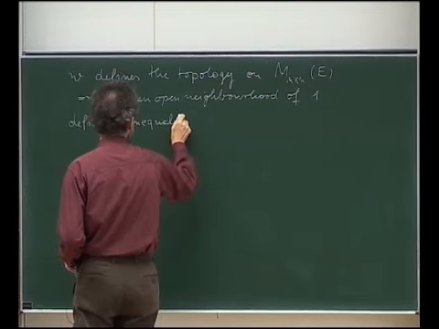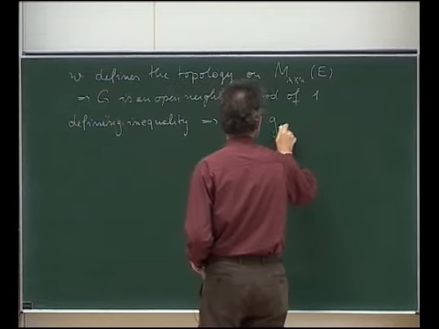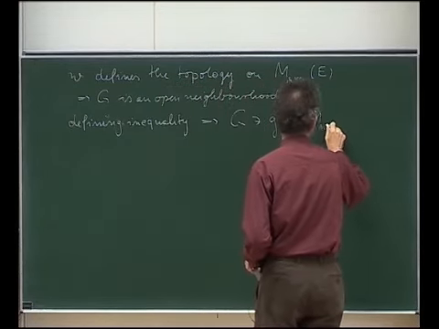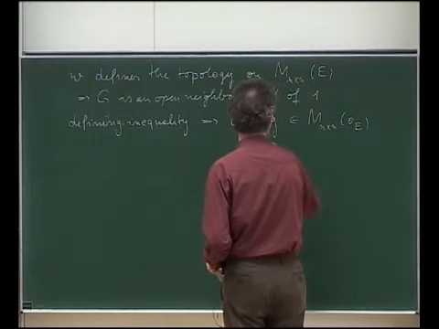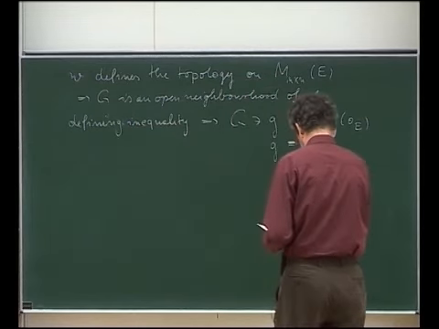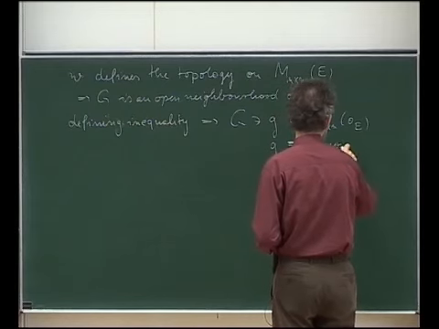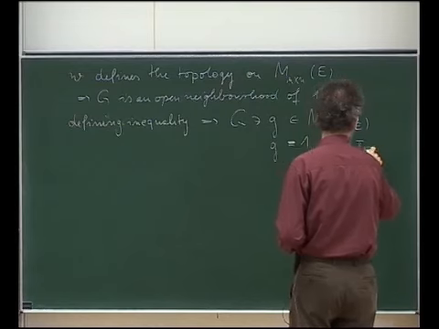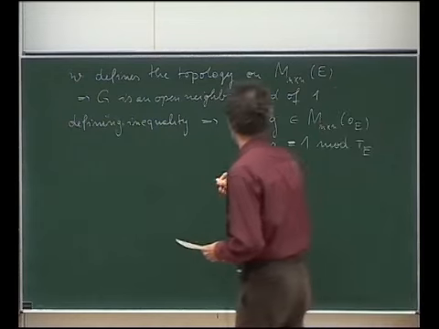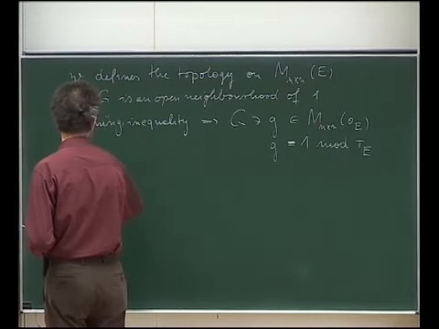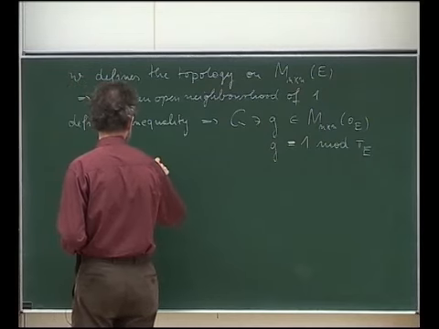So the defining inequality implies that if I have a g in G, then it's integral, and it's congruent 1 modulo pi to the e.